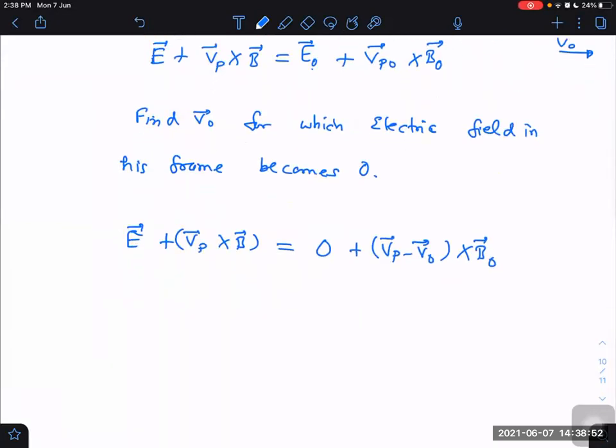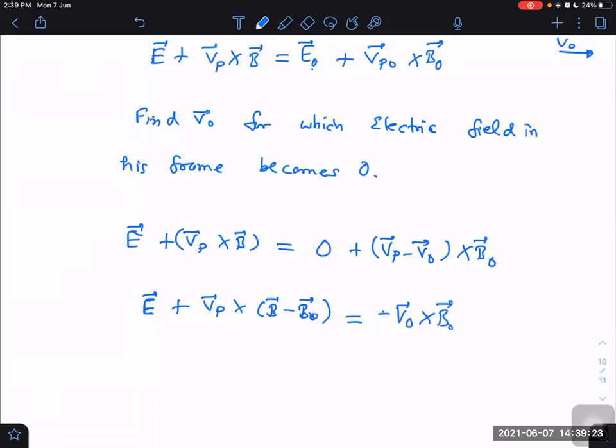What I have to do: E plus VP cross (V minus VO) is equal to minus, or plus, it will be minus. It will be equal to minus of VO cross BO.